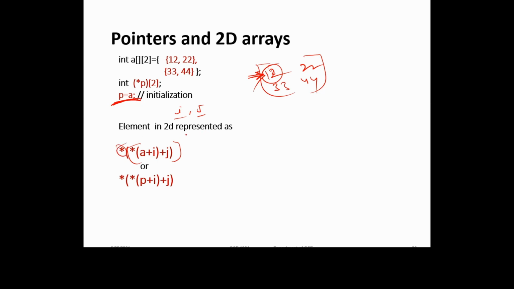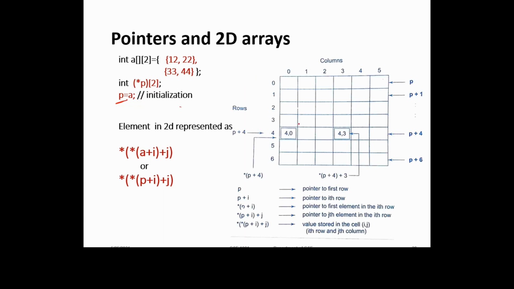It is a little bit complex, but it will be clear to you by this diagram very easily. So this is a two-dimensional array. After P equal A, don't think this array has only these two elements, just forget it.